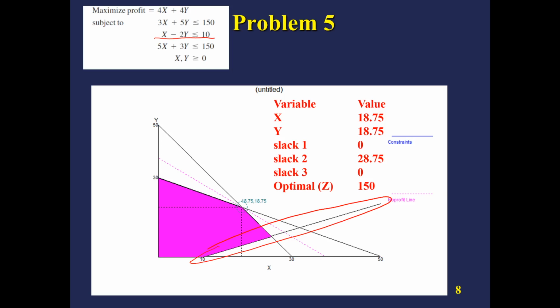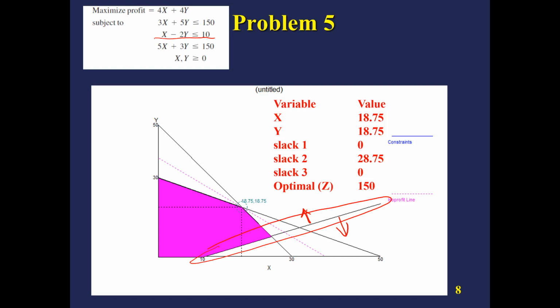Another thing is that it's saying x minus 2y less or equal to 10. So one has to see whether this constraint is active on this side, or on this side. For that you just plug in, for example, x equal to 0 and y equal to 0.